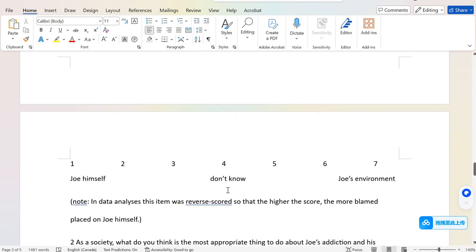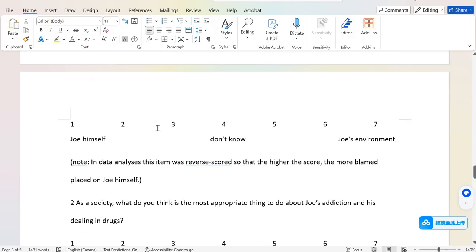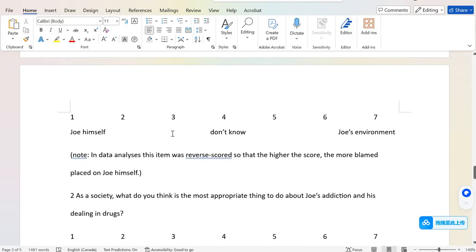You have this rating scale from 1 to 7. 1 means you blame Joe himself. 7 means you blame the environment. The midpoint 4 means I don't know.